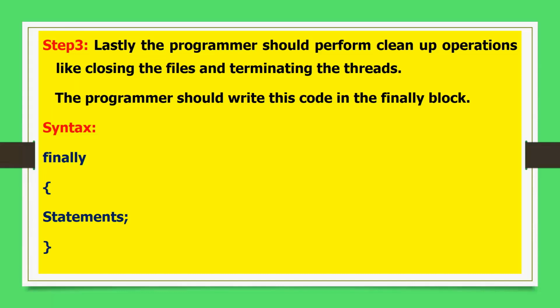The specialty of the finally block is that the statements inside the finally block will be executed irrespective of whether there is an exception or not. So this ensures that all the open files are properly closed and all the running threads are properly terminated. So the data in the files will not be corrupted and the user is on the safe side. So performing the above three steps is called exception handling.